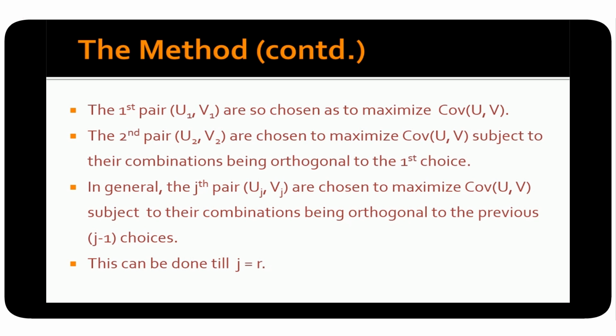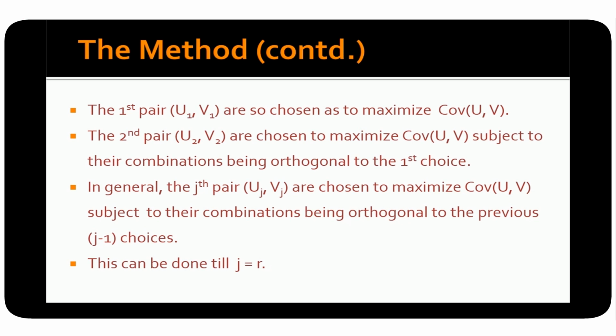That would be the second pair of canonical variables. And how do you get the second pair? It will again maximize the correlation between u and v, but now these combinations would be orthogonal to the previous combinations. This is exactly the same way that we had been looking at the principal components. So we will be choosing these combinations in an orthogonal fashion.